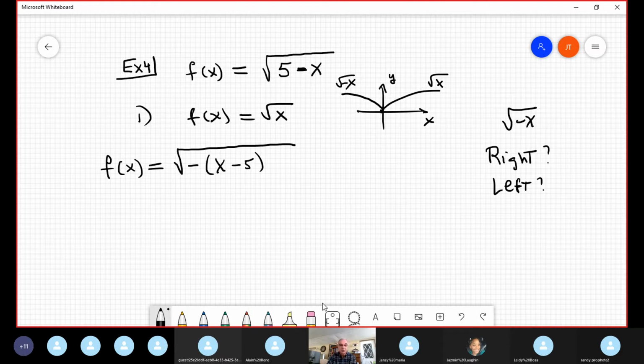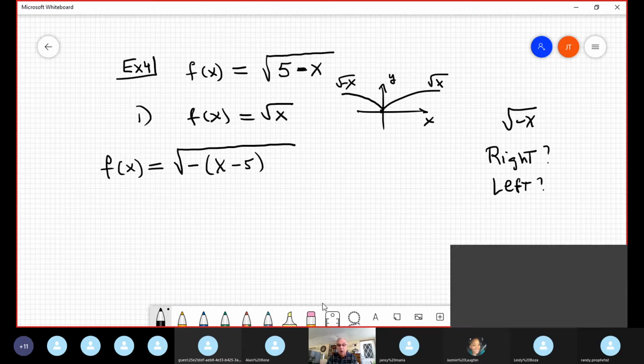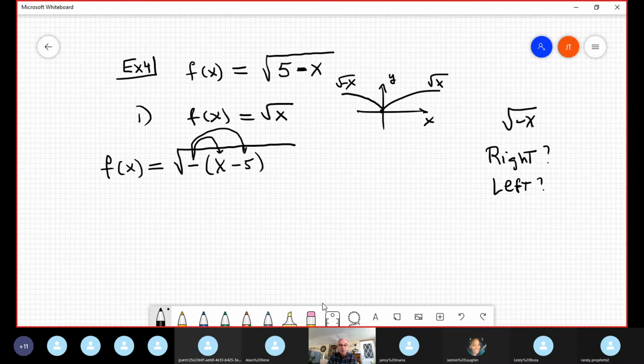Do you see that this expression and this expression are equivalent? Negative and positive is negative, and negative is positive, like that.